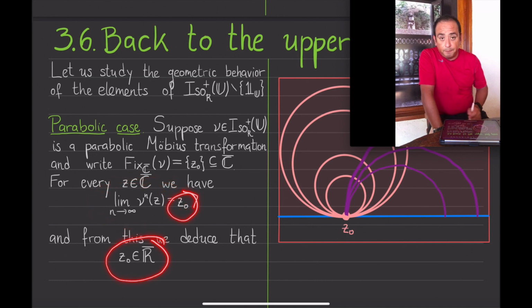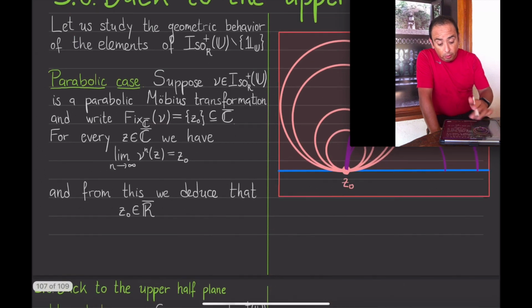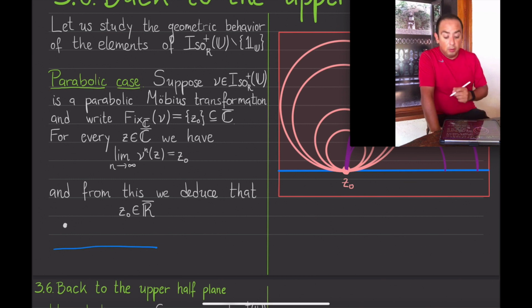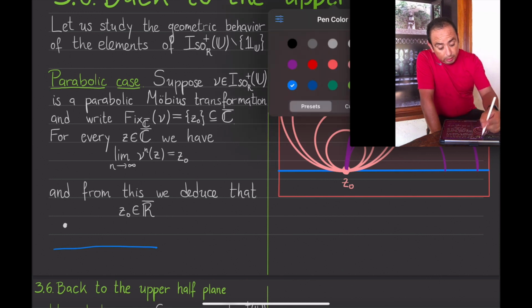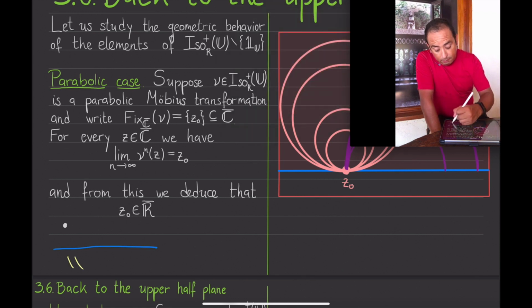R bar. Why? Because otherwise, let's draw the x-axis. If the fixed point Z naught were, let's say, here in U, then for any point in minus U, in the lower half plane, this limit has to be Z naught.